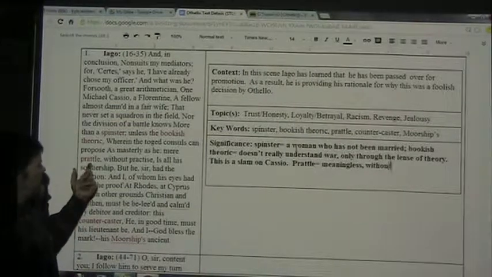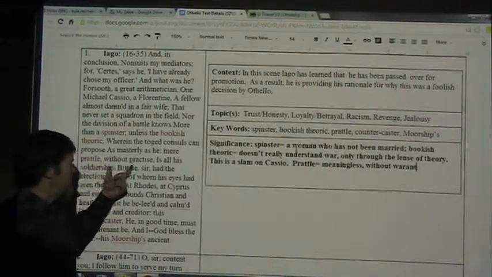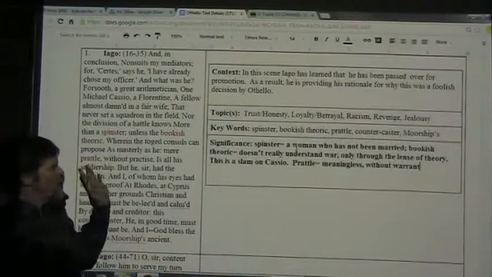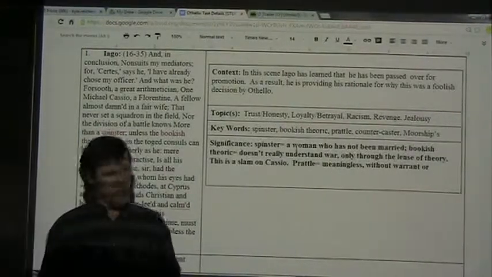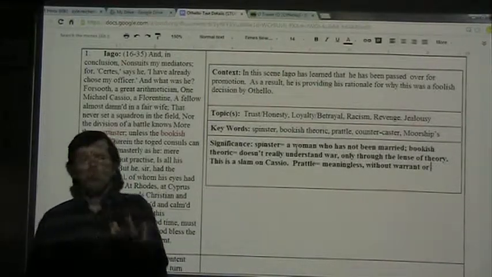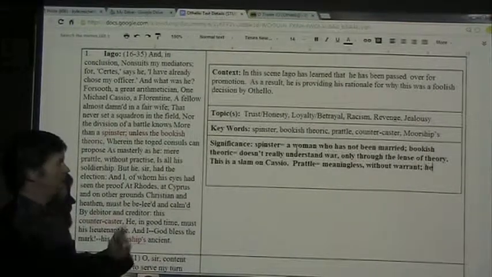Mere prattle without practice. He's merely speaking without having ever practiced. So he's saying that Cassio knows how to talk, although foolishly, about being a soldier, but has no real practice in doing it. At least that's one meaning that it could have.